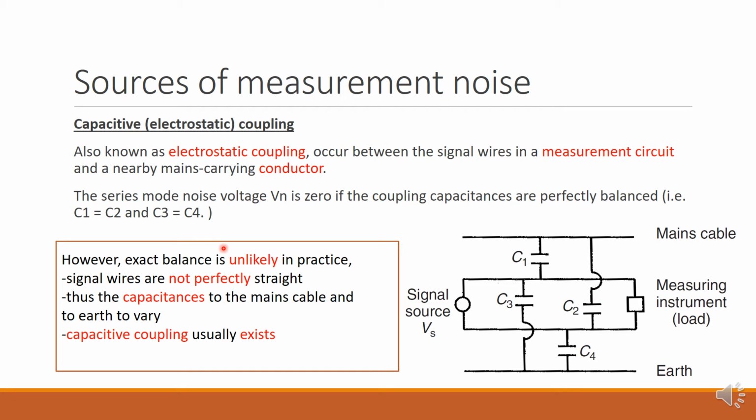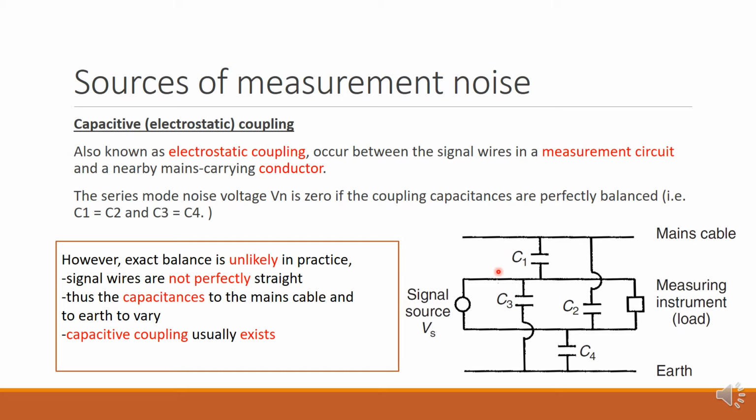For another example of noise coupling, we have capacitive coupling. Capacitive coupling, compared to inductive coupling, has close relations. It is due to the arrangement of wires that are very close.